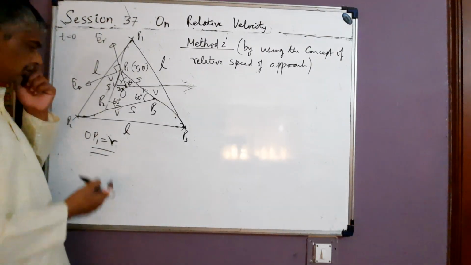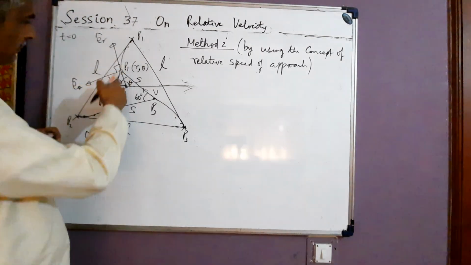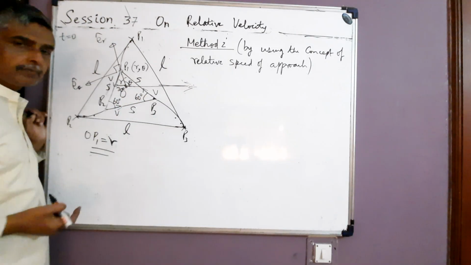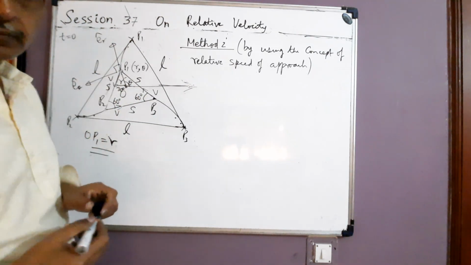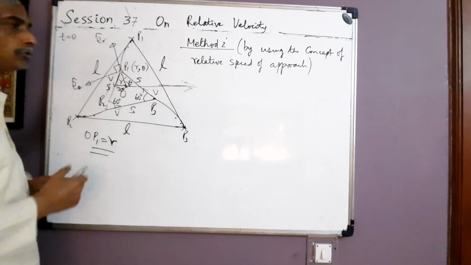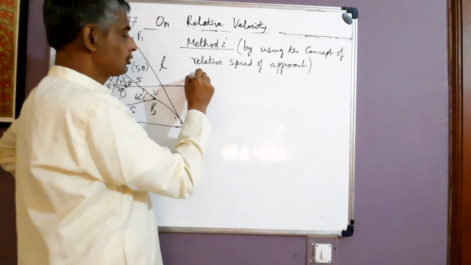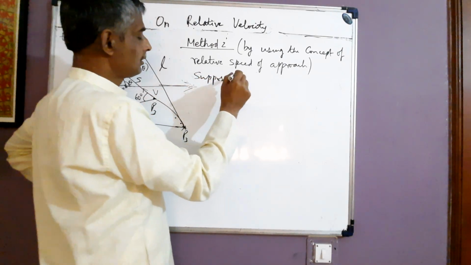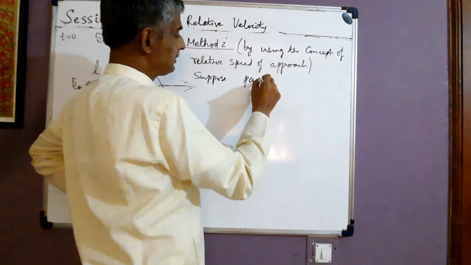So now we can take any of the three pairs P1, P2, P2, P3, P1, P3. You can take any one of the three pairs. Suppose we take the pair P1, P2.